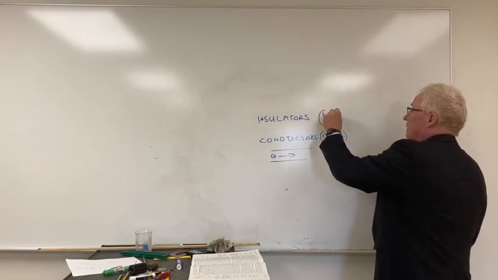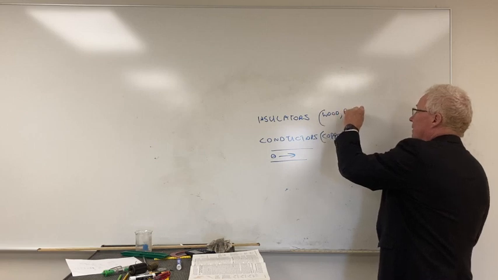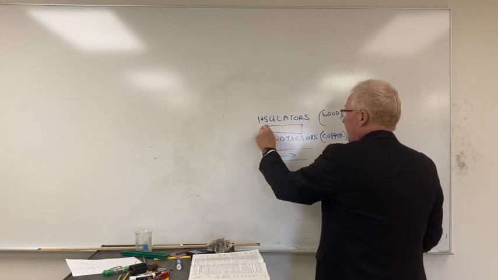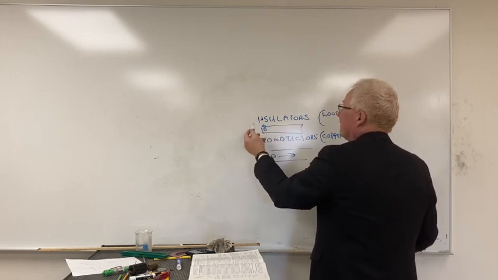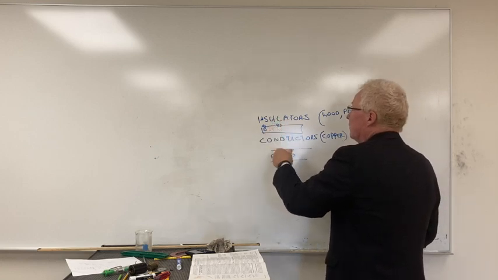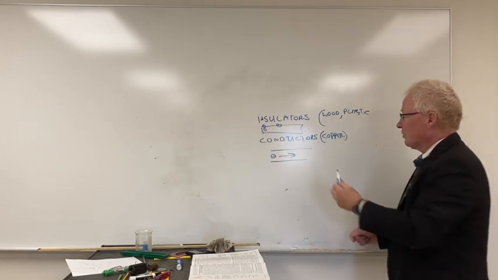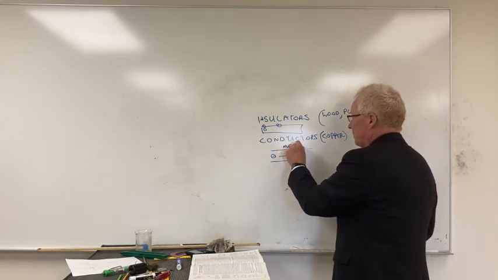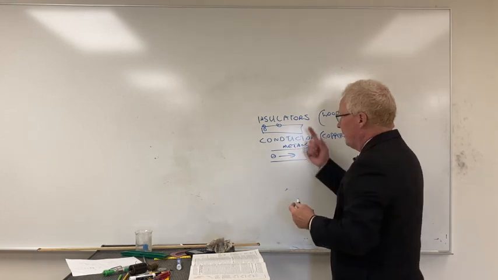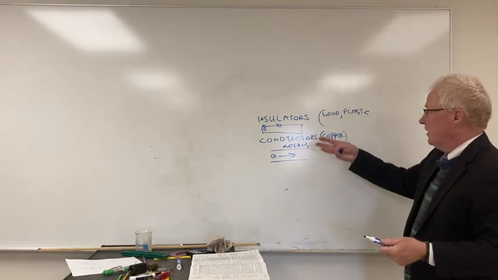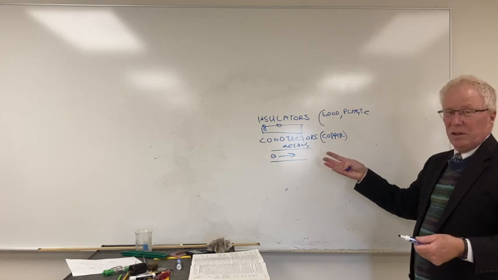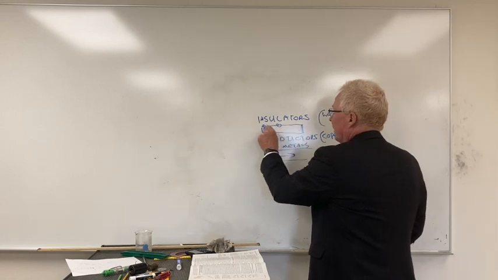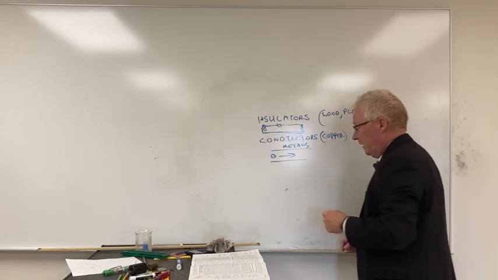Insulators like wood and plastic, electrons do not flow at all. Basically, they just stay right where they are. So metals conduct electricity very well. And then in between, we have what we call semiconductors. When we get into current electricity, we'll talk about these in more detail.